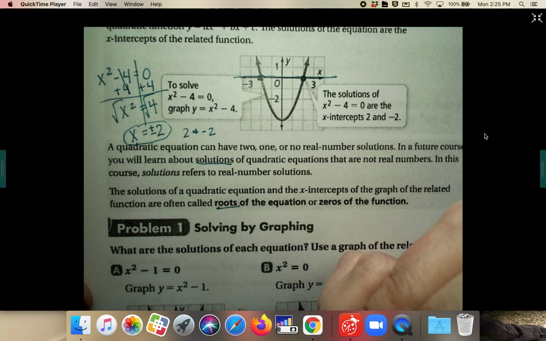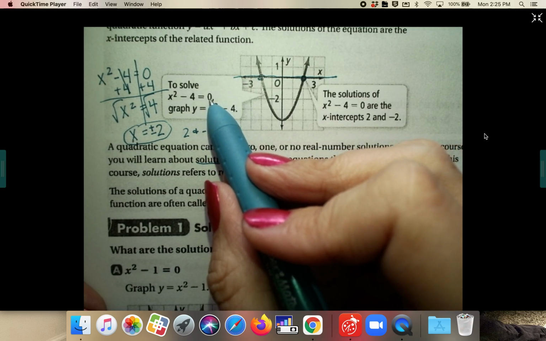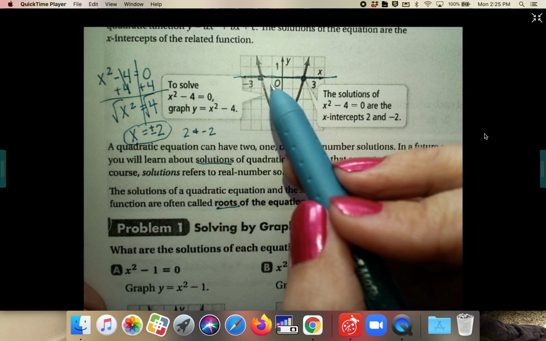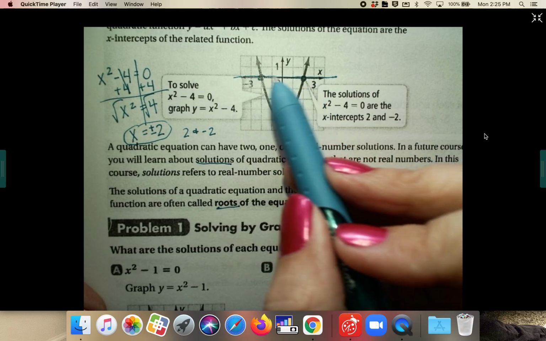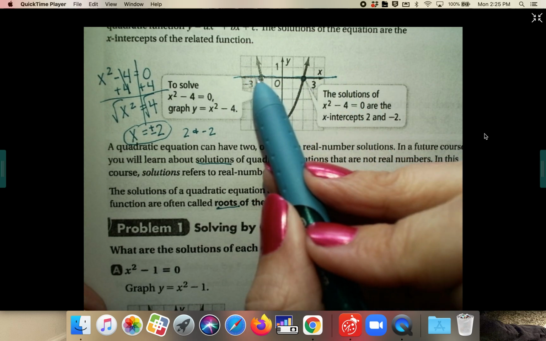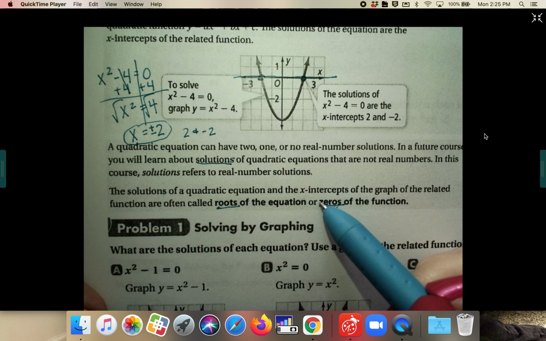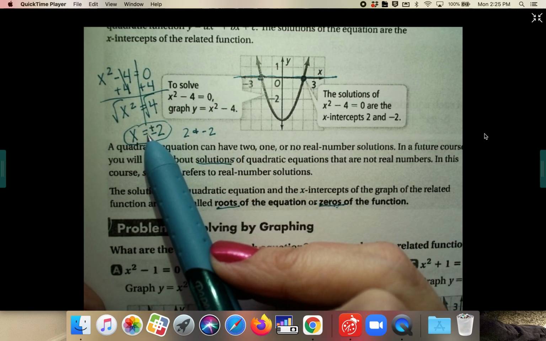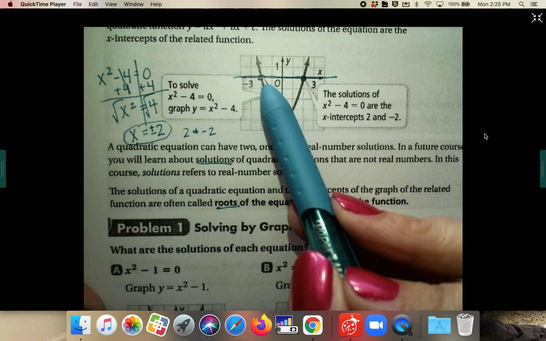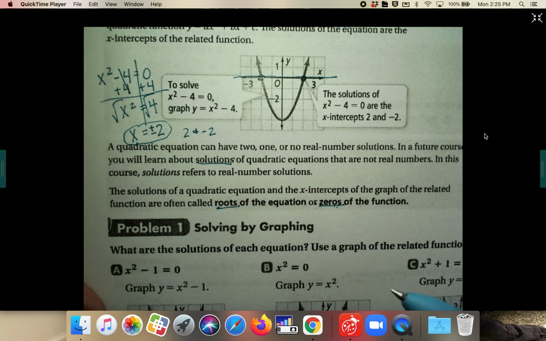They also call them the zeros sometimes, because to start out it's set equal to 0. So you'll hear me refer to these as the roots or the solutions or the x-intercepts or the zeros. They all just refer to the fact that if you were to take this equation and solve it like you would solve an equation, the answers would be where the parabola goes through the x-axis.